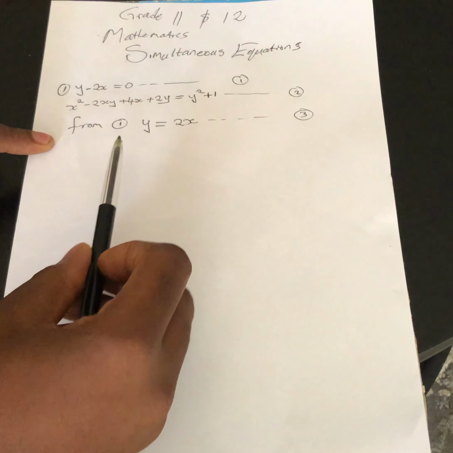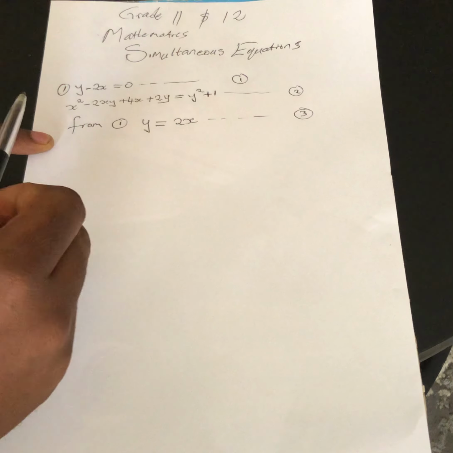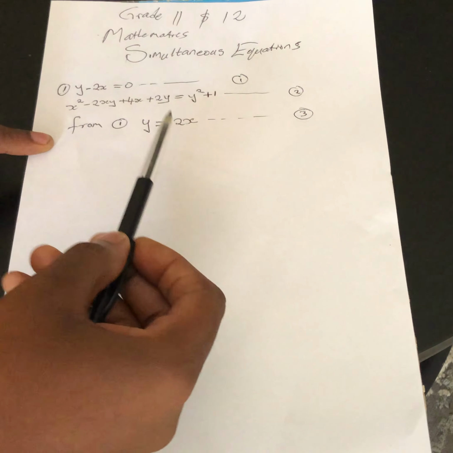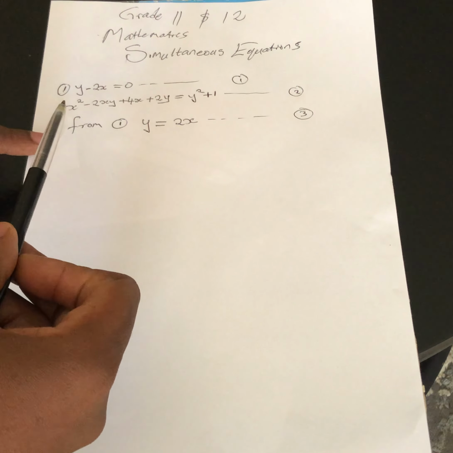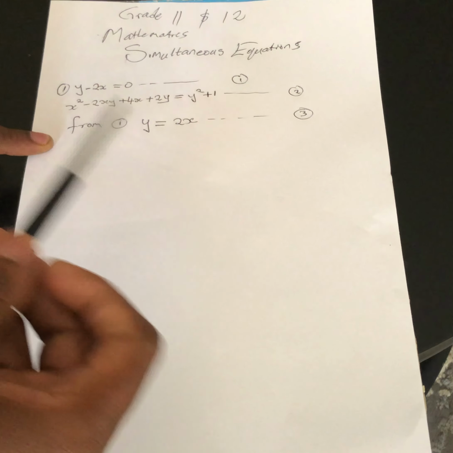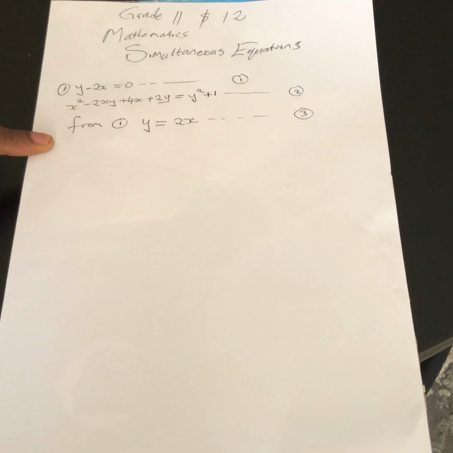Not to forget, you have derived this equation from equation number 1. You just change equation number 1 to become equation number 3 by transposing 2x to the other side to become positive 2x.